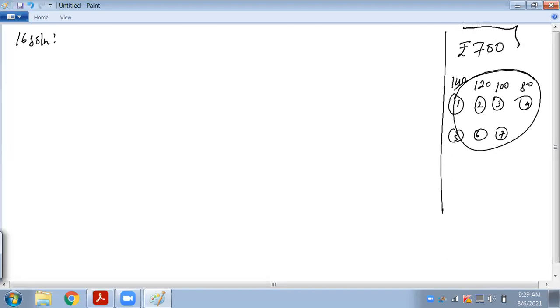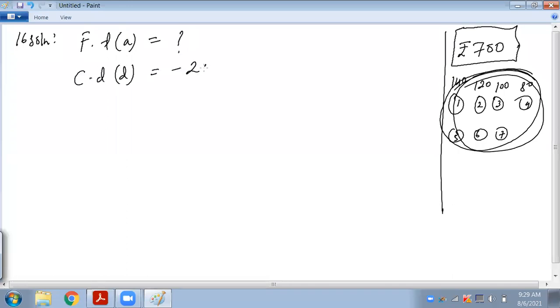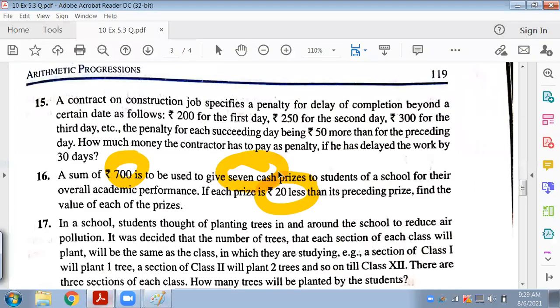Now we are utilizing rupees 700 to give away these 7 prizes, so the sum will be 700. In this case, we don't know the first term. The common difference will be minus 20. Why? Because each prize is 20 less than the preceding one, not 20 more.